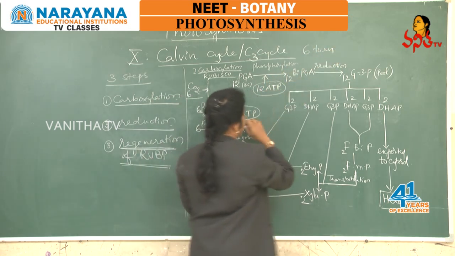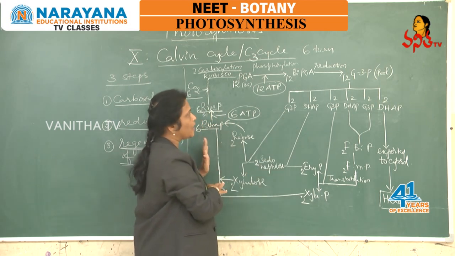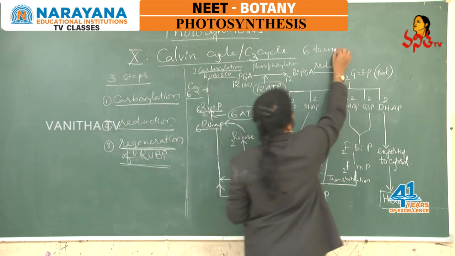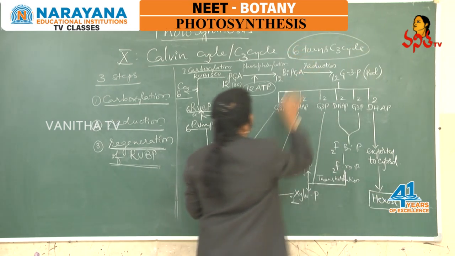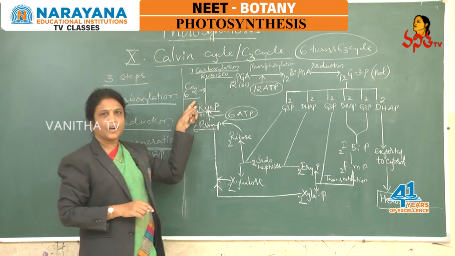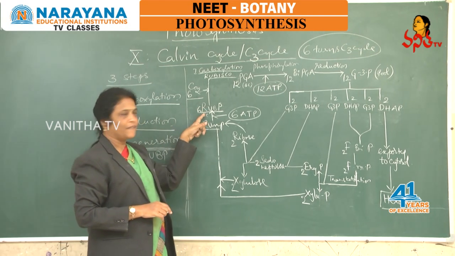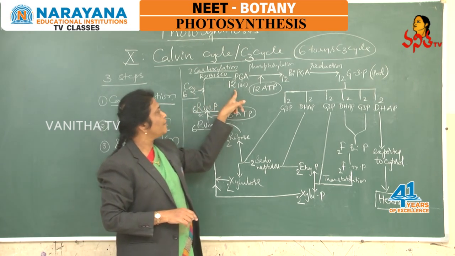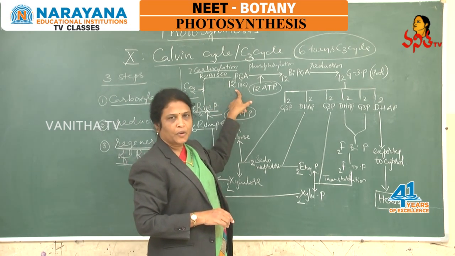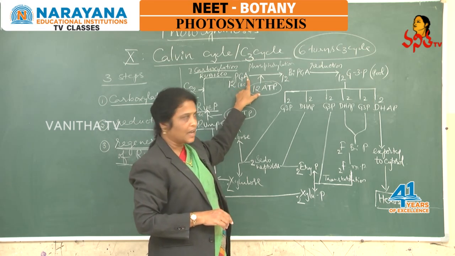We have taken 6 carbon dioxide molecules, and in the fixation process 6 RuBP accept 6 CO2 and form 12 molecules of the 3-carbon organic acid, phosphoglyceric acid.